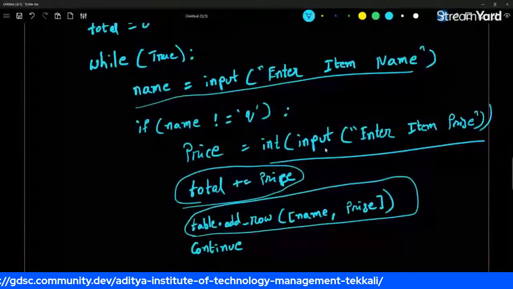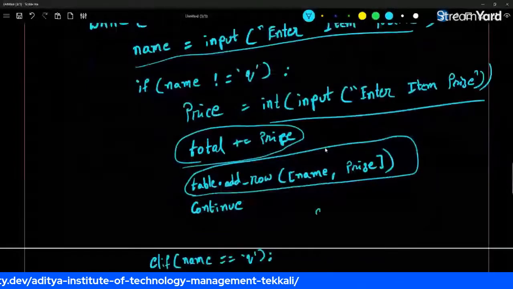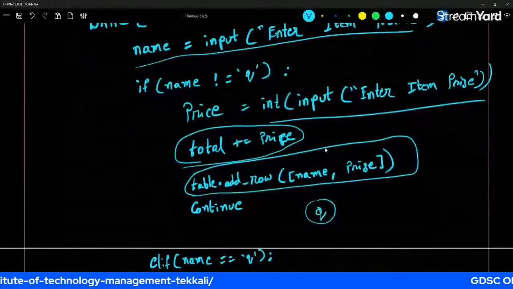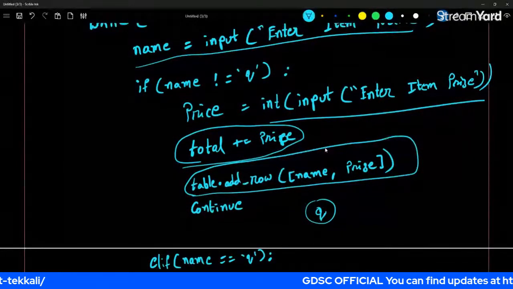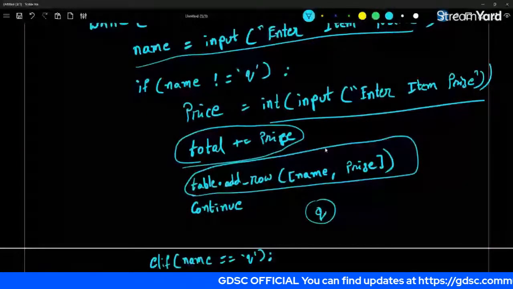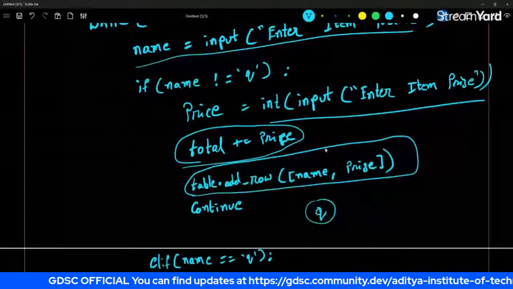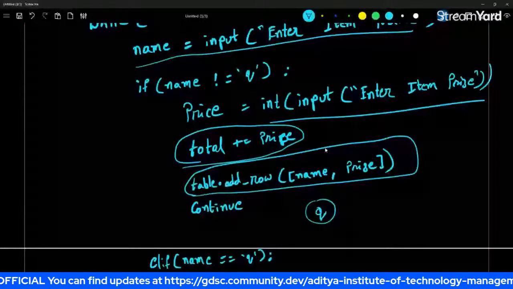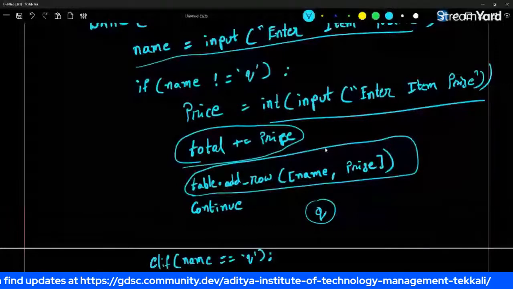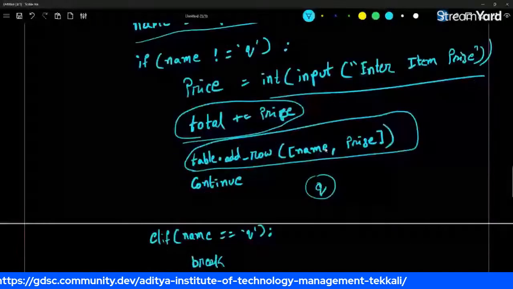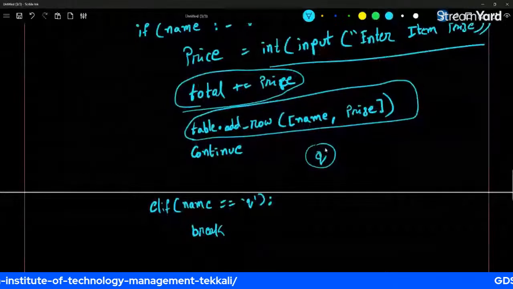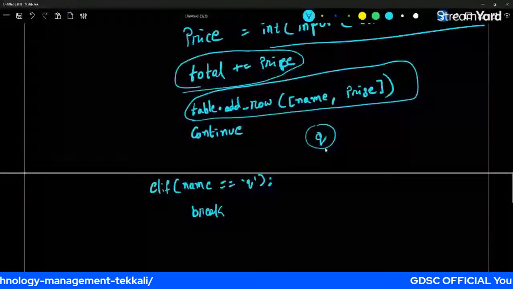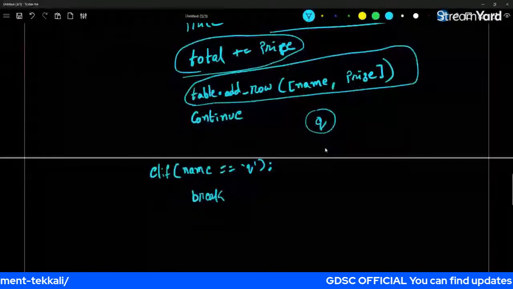If the name is q, that means whenever the user stops buying any product, he will simply press this q, then this loop is going to break. So in that case, if the name is q, then it will break. Okay, this is what we have to take from the user.